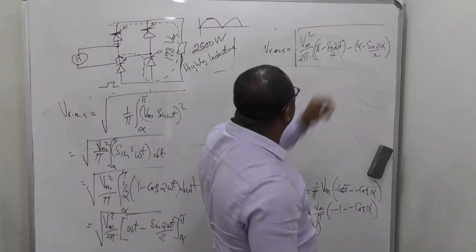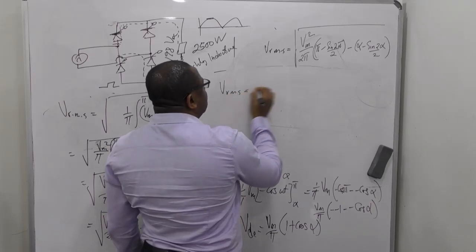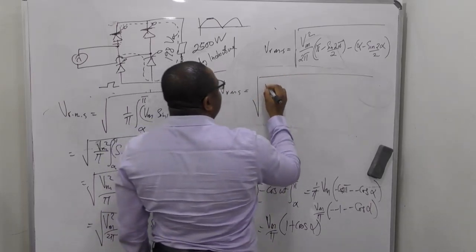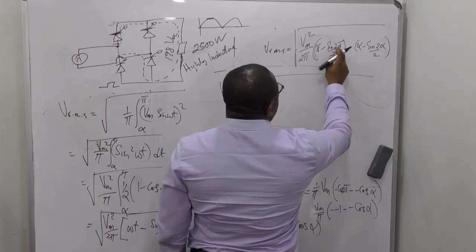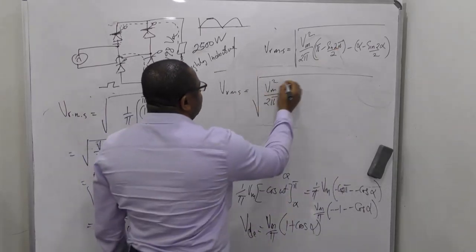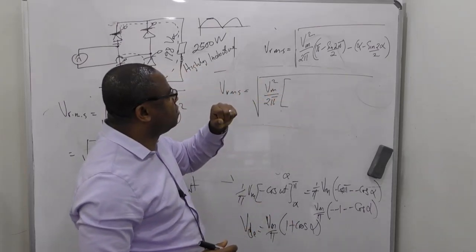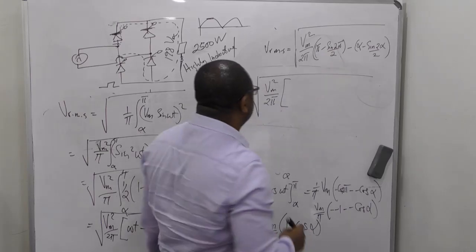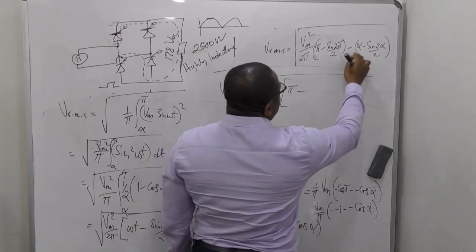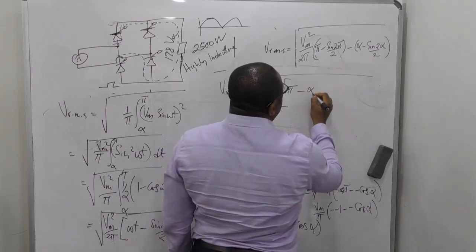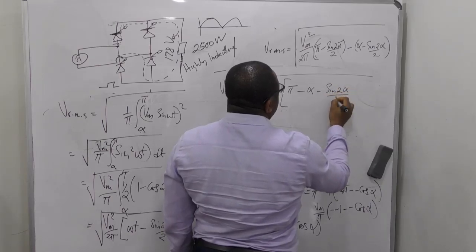This is sine, which will give you Vrms as the square root of Vm squared over 2 pi. Now, what is sine 2 pi here? Remember, sine 2 pi is sine 0, so this will be 0. So we are left with pi there, minus alpha, minus sine 2 alpha over 2.